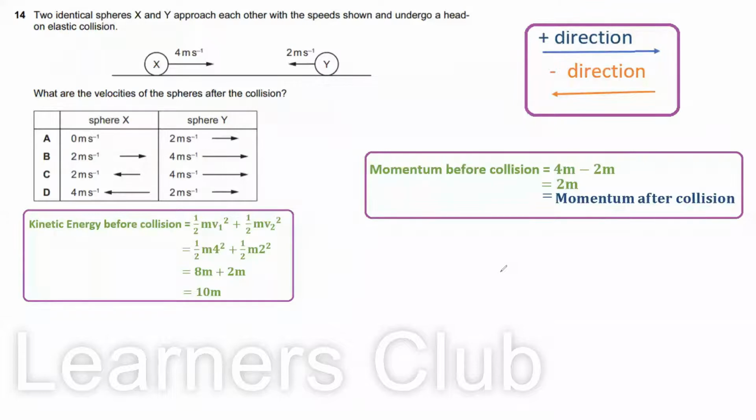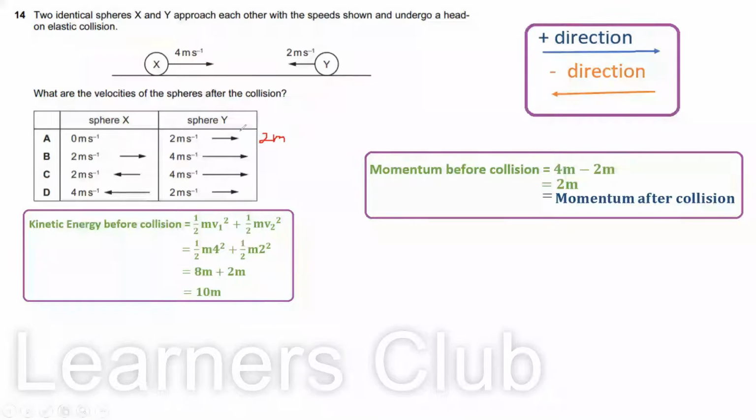Now let's check which option conserves the momentum first. This one is going forward after collision. So sphere y moves towards the right, so 2, but there is no momentum here. So your momentum is 2 minus 0, so it's 2m. It's the same as the momentum before collision.